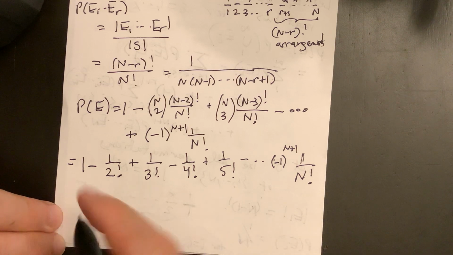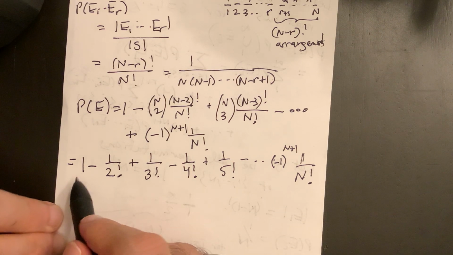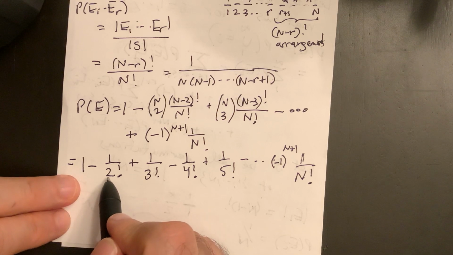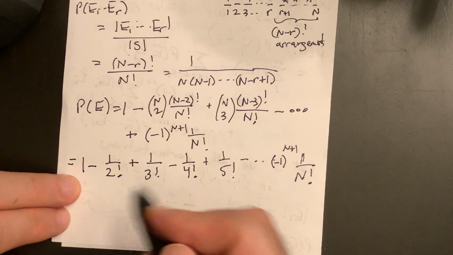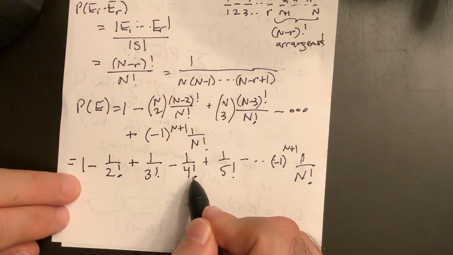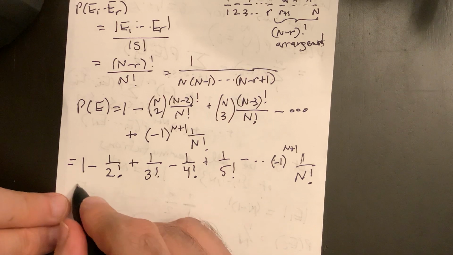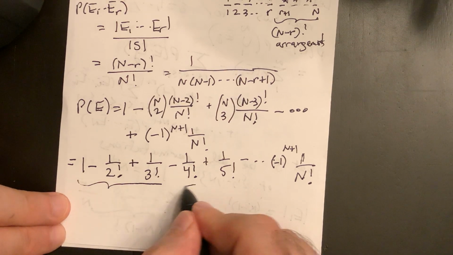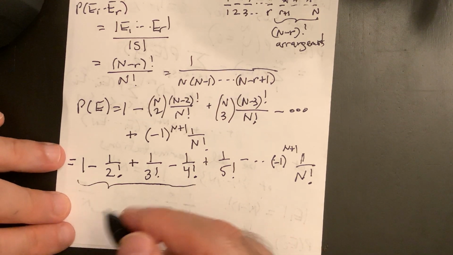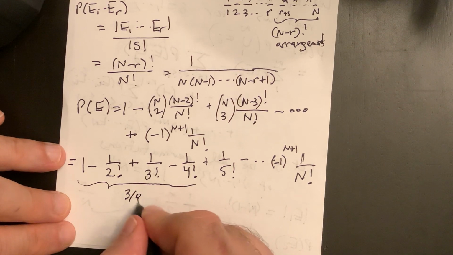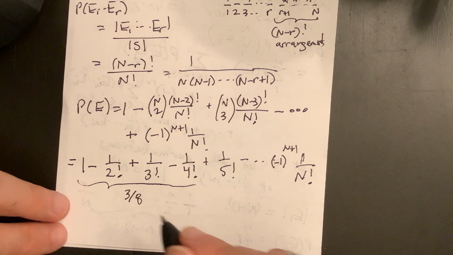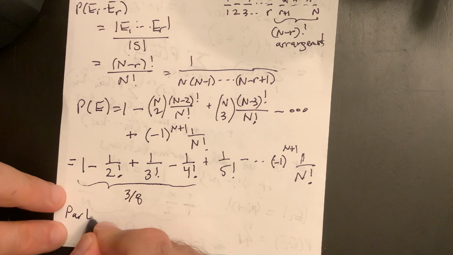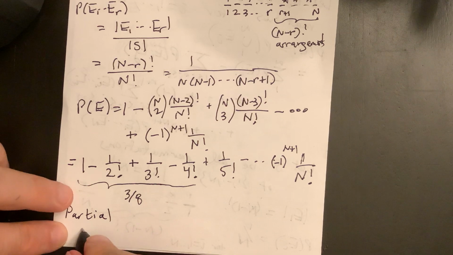You can check. The probability for n equals 1 is 1. At 2, it's a half. At 3, I add a 6 back, I get 2/3. Here, I subtract 1/24. So this sum is now 3/8, which is between 2/3 and a half.